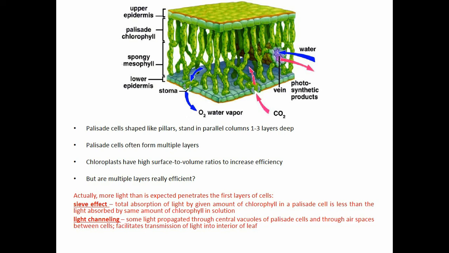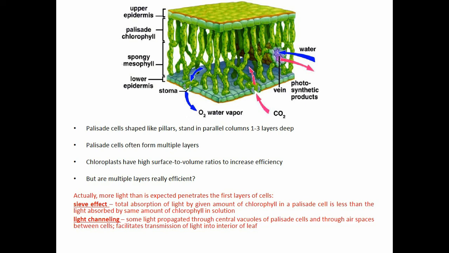If you're in a very sunny area and you're getting that 2000 photosynthetically active radiation, then you're going to decrease your chloroplasts because you've got enough sun coming. So the plant plays with that surface to volume ratio to increase efficiency.